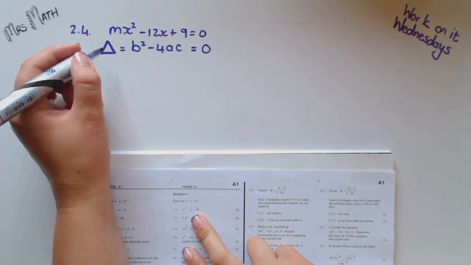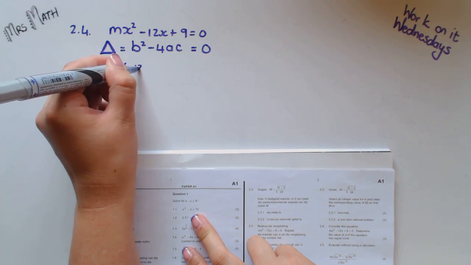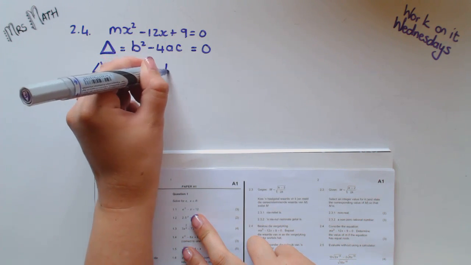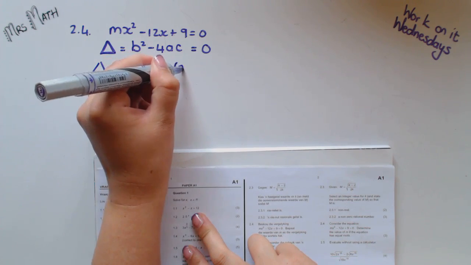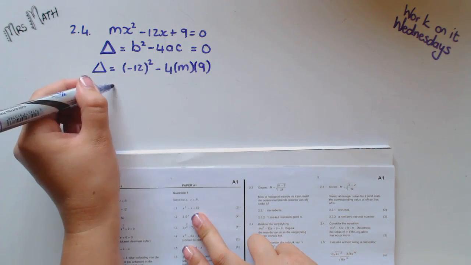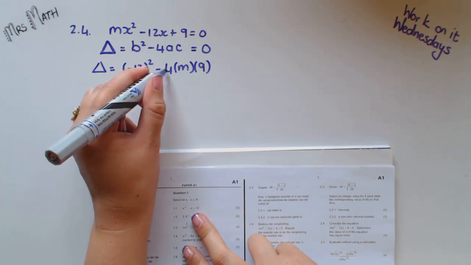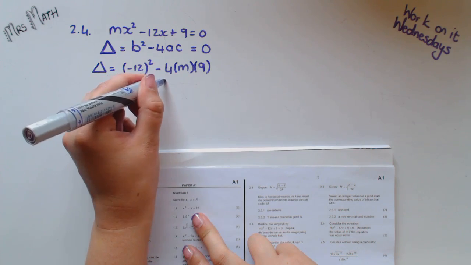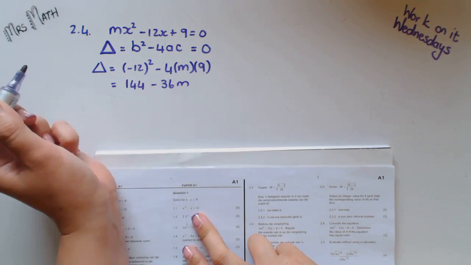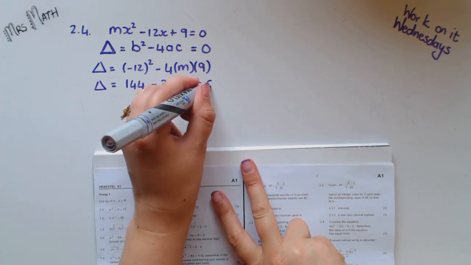So I'm just going to calculate delta first. That is b squared minus 4a, which is m, and c, which is 9. This gives me positive 144, and 4 times 9 is 36, minus 36m. And this delta I want now to be 0.